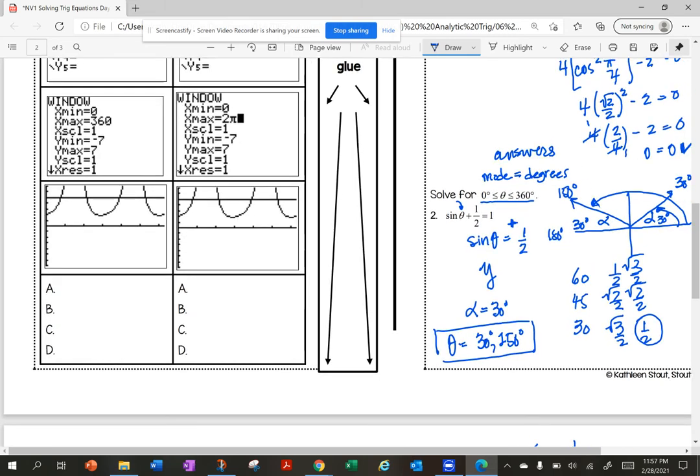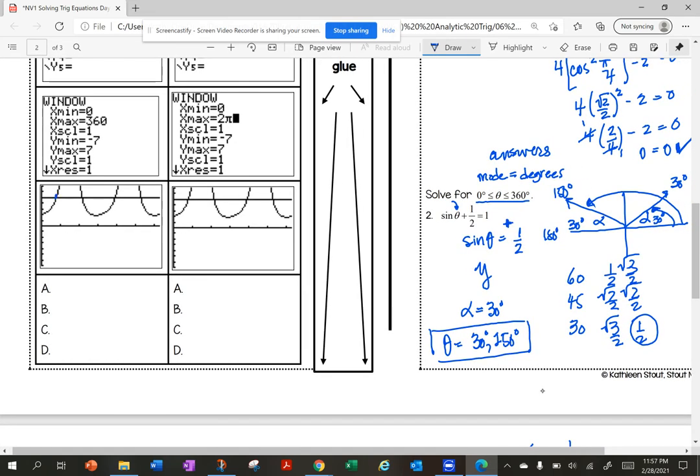So I'm going to mark these as points A, B, C, and D. We're rounding to 3 decimal places, so I'm looking for the intersection. I'm doing second trace, intersect for those specific points.